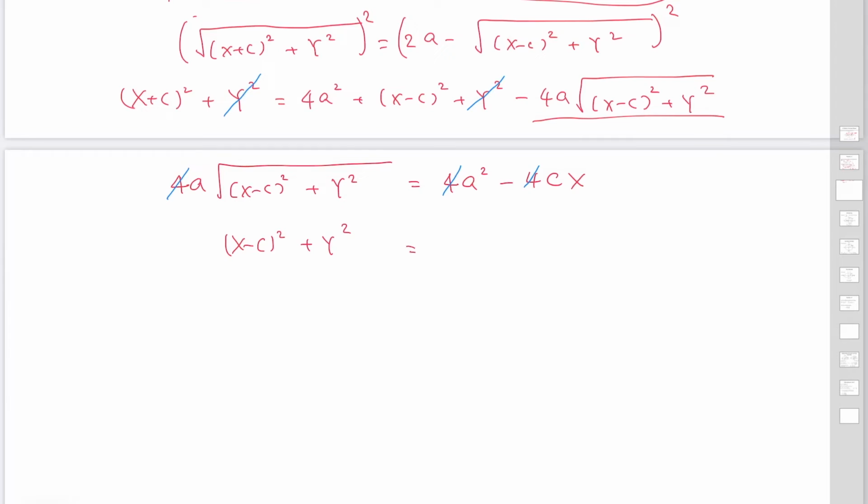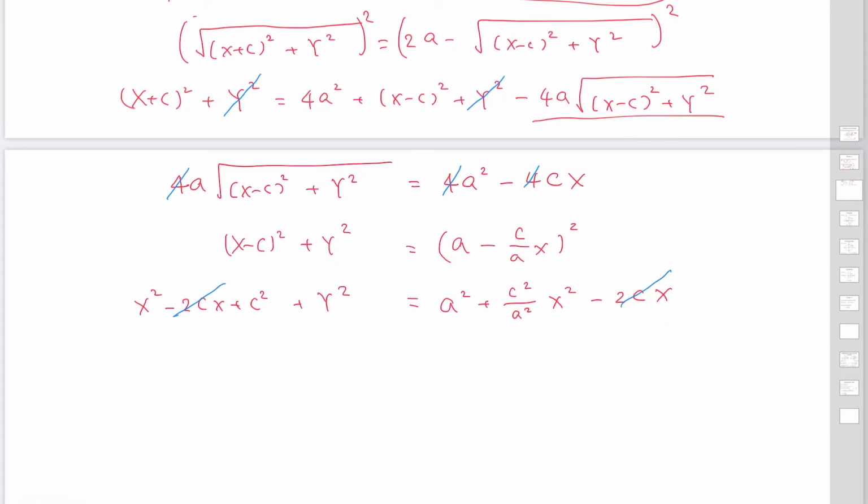This is going to be a minus c over a x, squared. So it's going to be a squared plus c squared over a squared x squared minus 2cx. So this is going to be x squared minus 2cx plus c squared plus y squared. If you look at the left hand side and right hand side, minus 2cx appears on both sides.